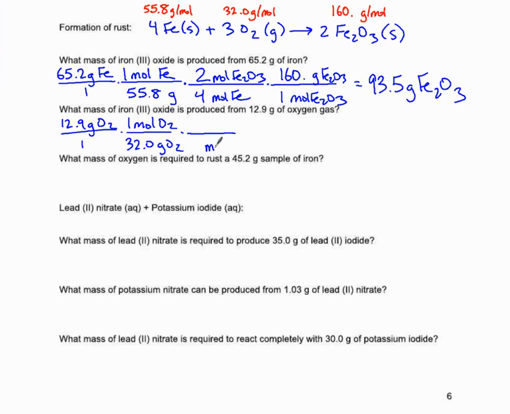Now we're ready for our mole ratio step, comparing moles of oxygen and moles of Fe2O3. Coefficient for oxygen is 3. Coefficient for the iron 3 oxide is 2.